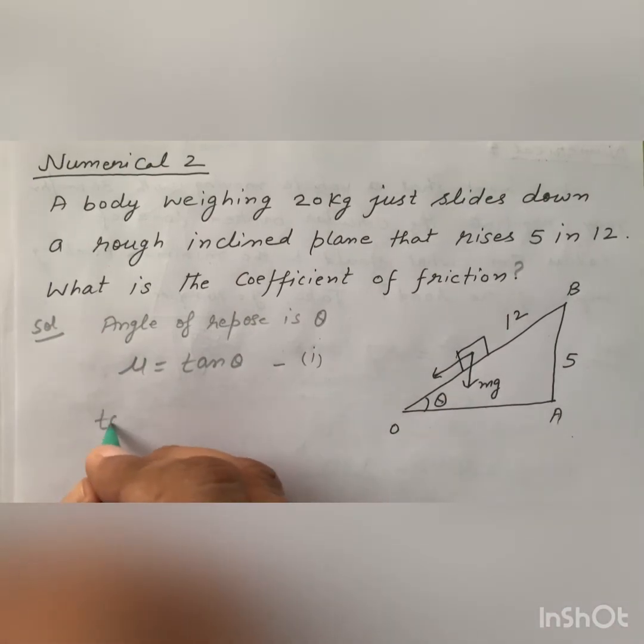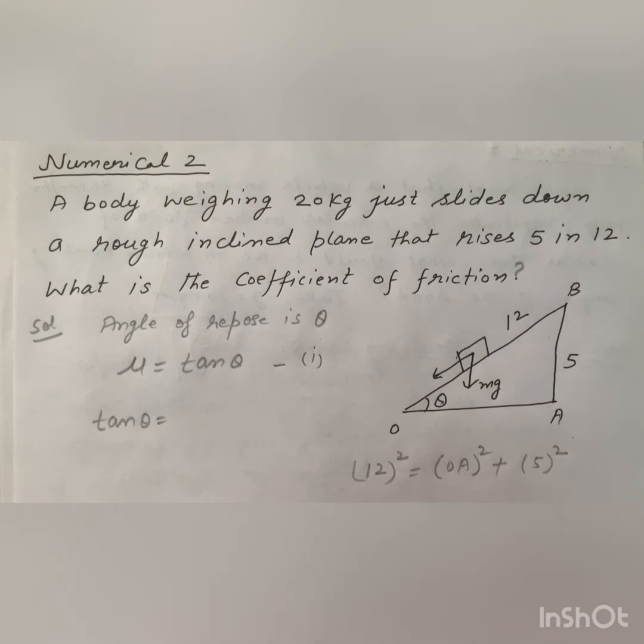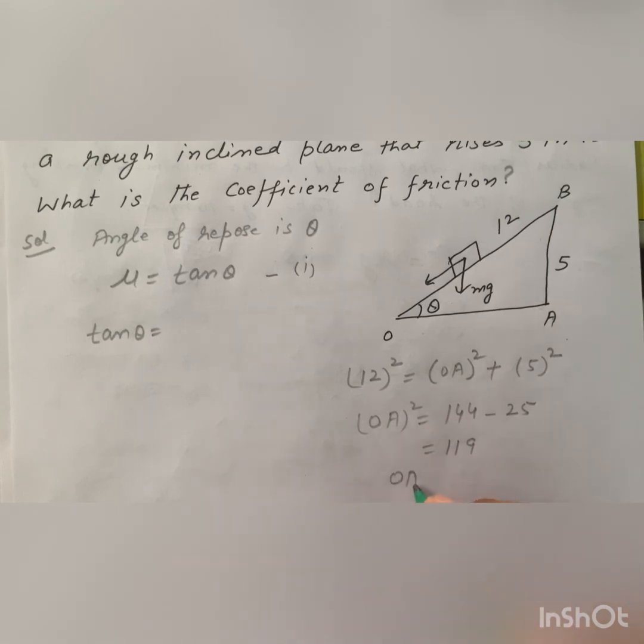Now we know that tan theta is perpendicular over base. Here we don't know the value of the base. Now applying the Pythagoras theorem, we know that hypotenuse square equal to base square plus perpendicular square, or OA square equal to 144 minus 25, that is 119, or OA is under root 119.